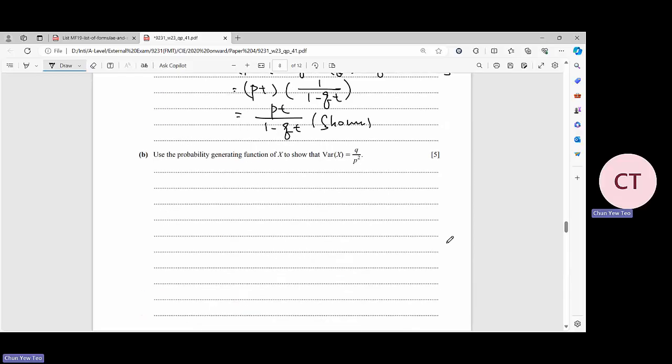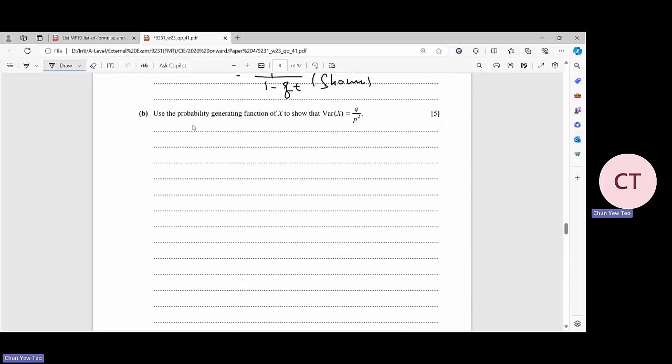Now we move on to part B. We want to use the PGF that we found to find the variance. So we differentiate for the first time. This one is a quotient rule. Keep the bottom, differentiate the top, minus keep the top, differentiate the bottom, divided by the bottom square. So you can see that in your numerator, if you expand them, the qpt can be cancelled.